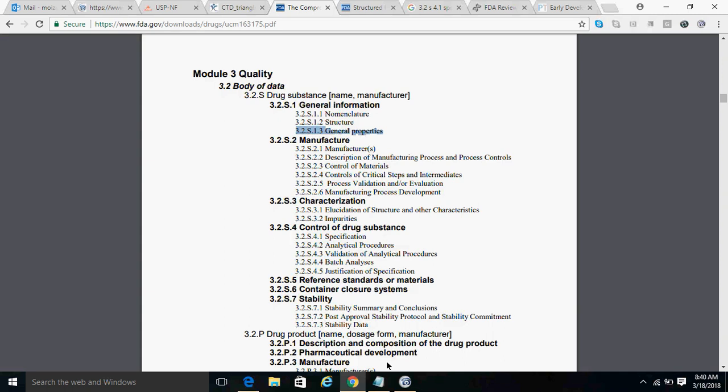Then it will make it easy for you. You have a correct example in front of you. You have the DMF in front of you. Copy the DMF information, paste it in the drug substance section, and you can check the example. So this is easy. Copy paste.